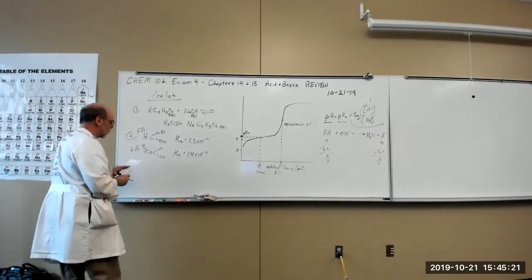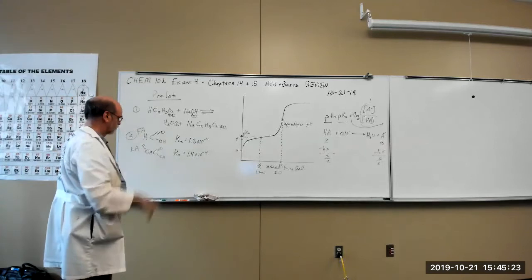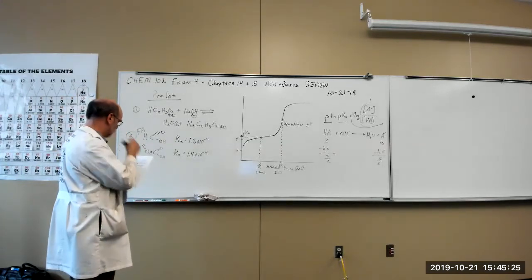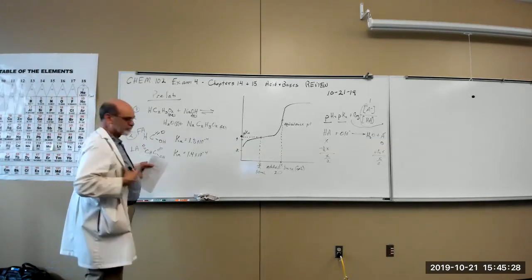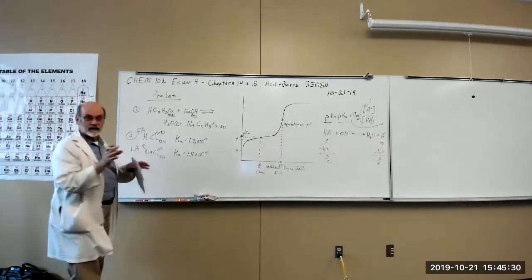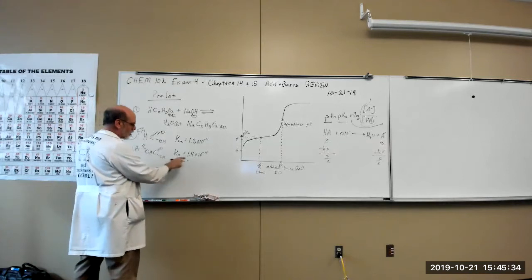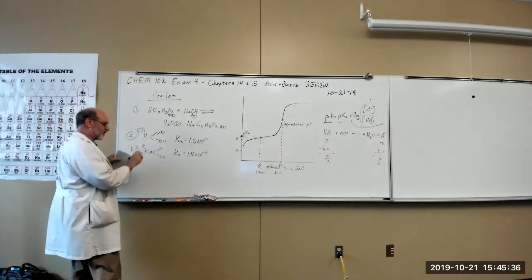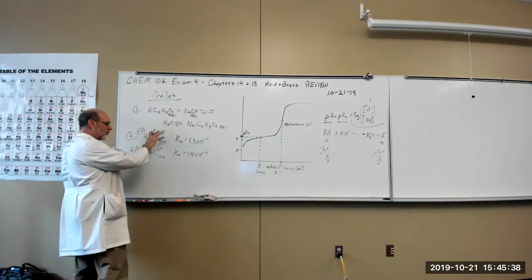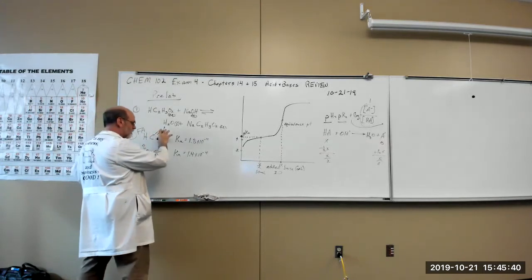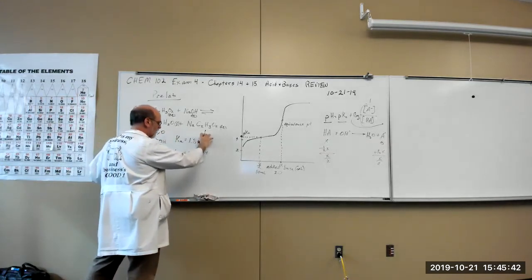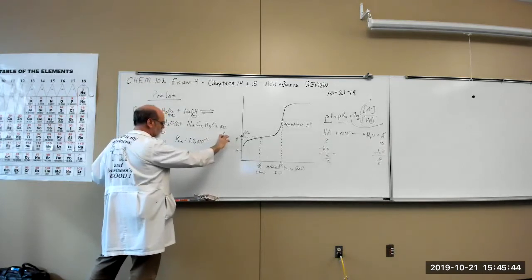Which acid is stronger? Well, the largest Ka, right? Remember what Ka means? It means one proton ends up on the product side along with the conjugate base.